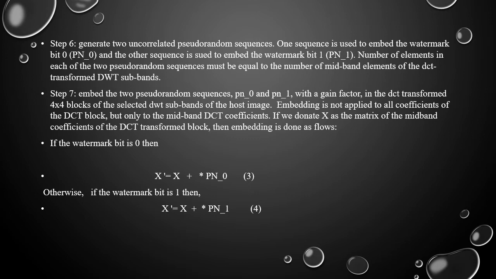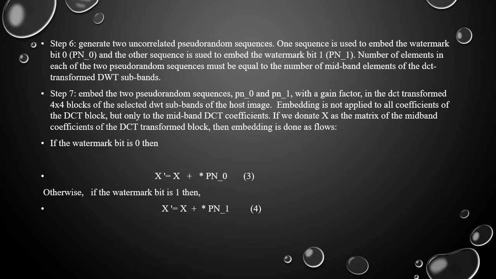If the watermark bit is 1, we represent it as Pn1. Now I already told that the number of elements in each of the 2 pseudo-random sequences must be equal to the number of midband elements of the DCT transformed DWT subbands. That must be satisfied.